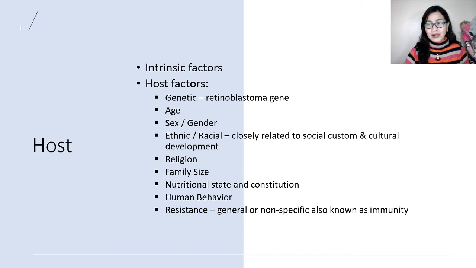How about practicing a healthy lifestyle? Knowing what healthy lifestyles are is not enough, but is there any practice about it? Resistance could either be general or non-specific. Those are the characteristics of the host.